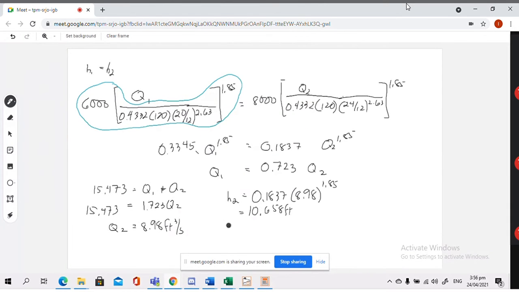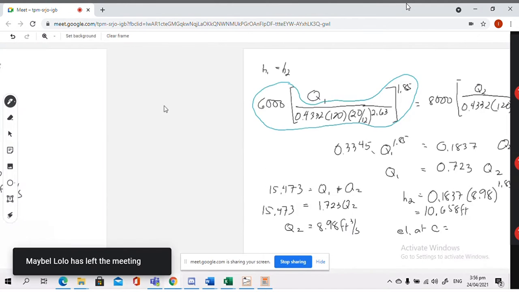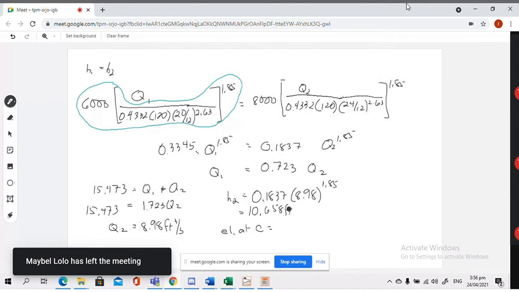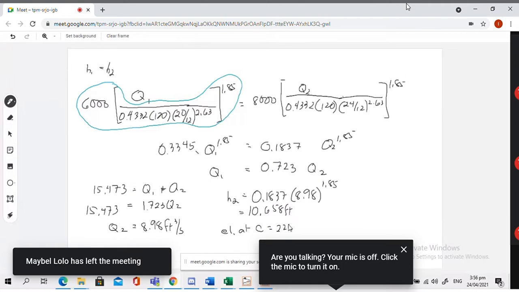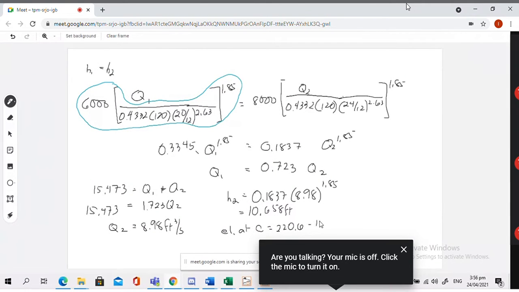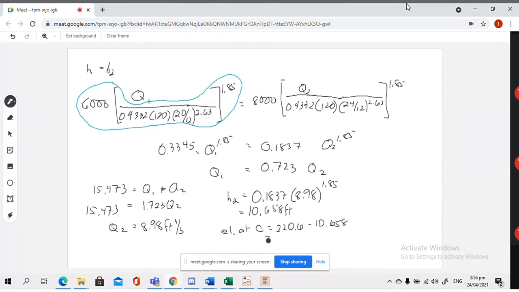So elevation at C is equal to 220.6 minus 10.658, which is 209.942 feet.